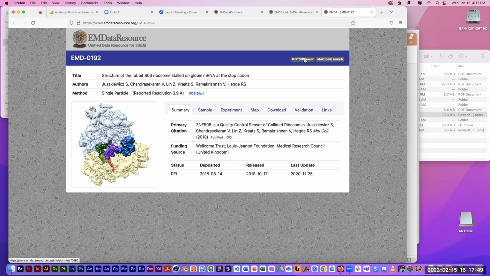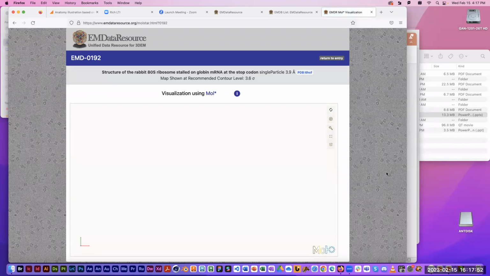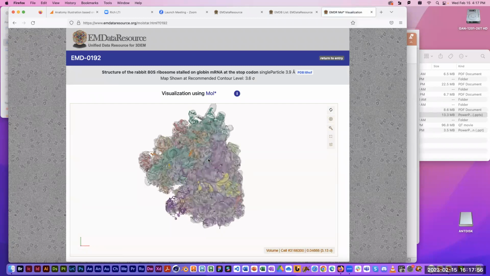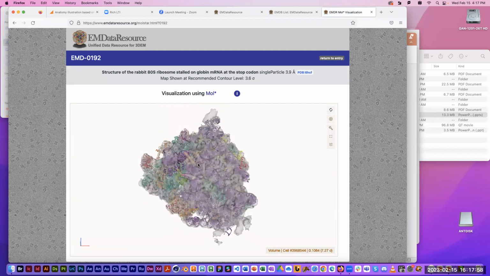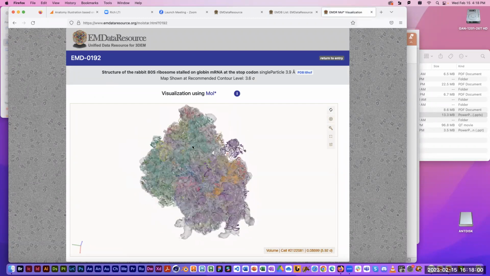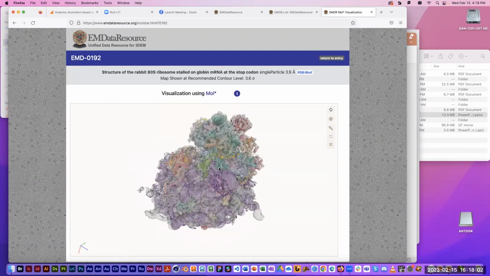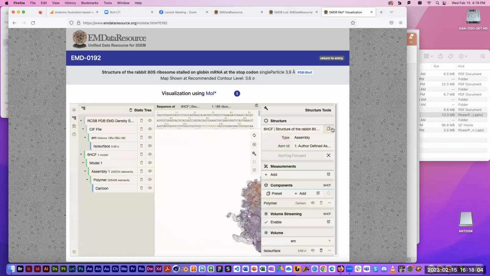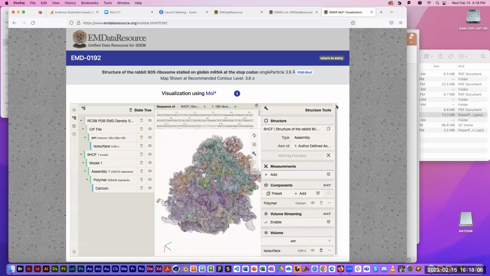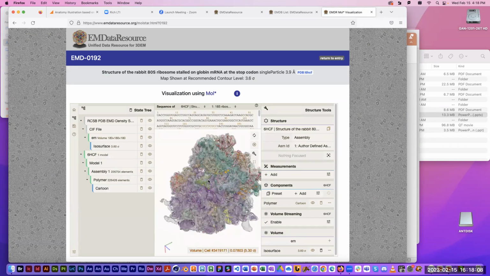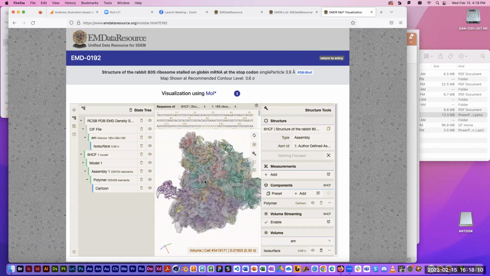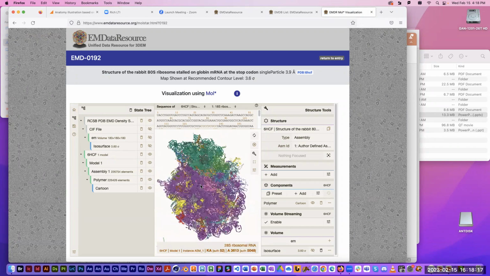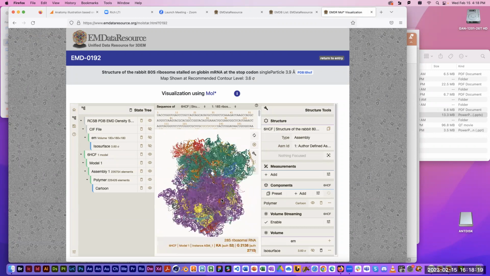But let's see if this will work or not. There's a 3D viewer to view the model. So I can actually view it in 3D in here. But I know that there are ways of changing it. I click on a little tool icon, and I can hide different aspects of the model.